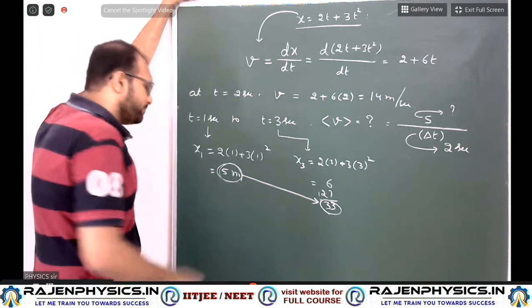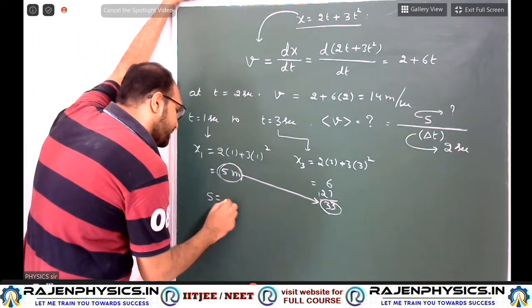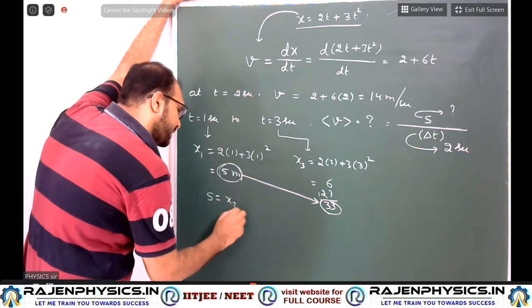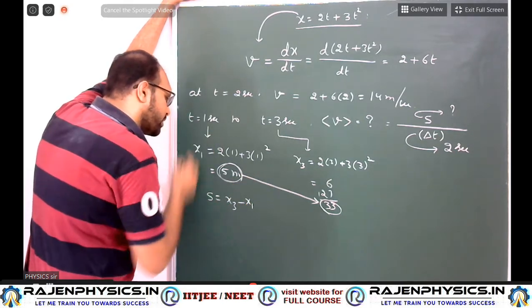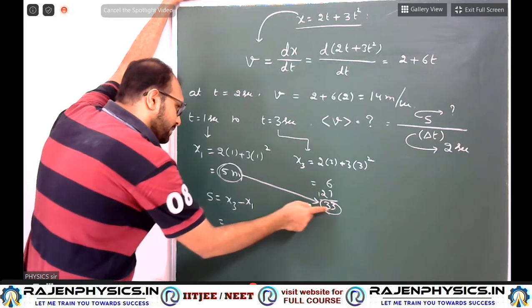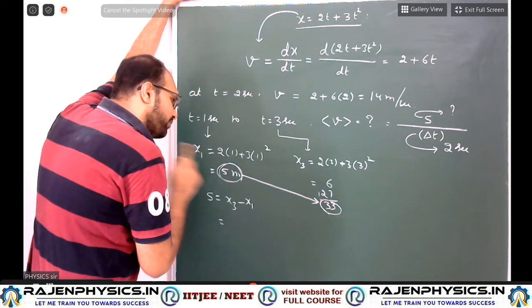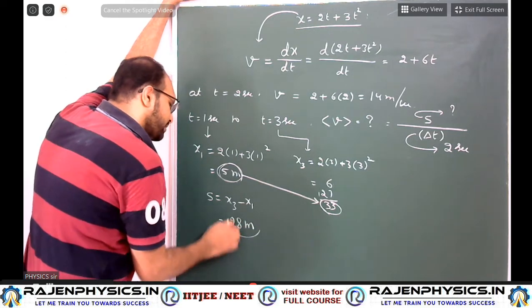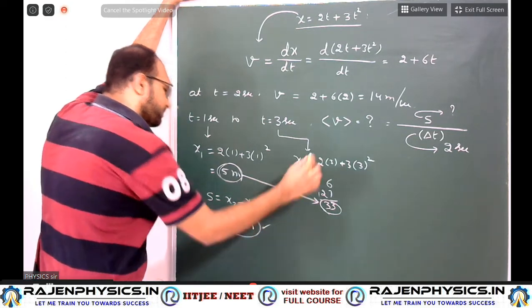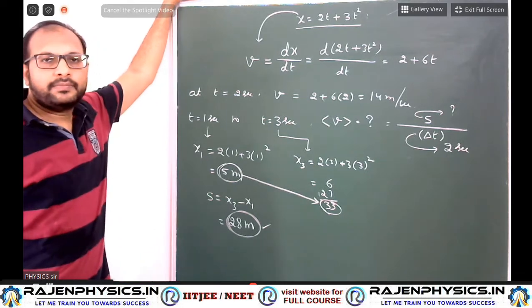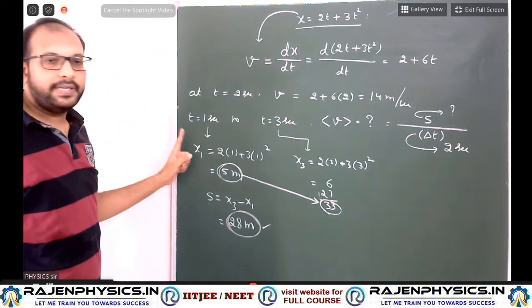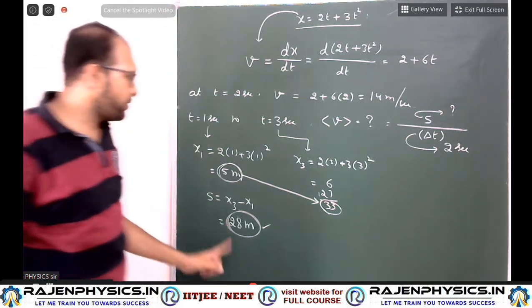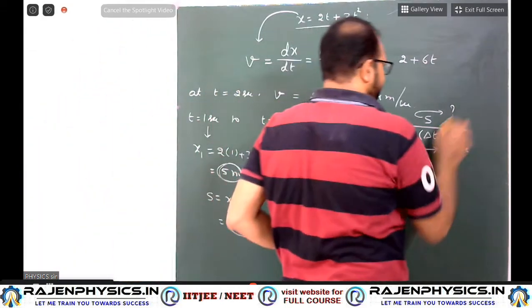So now displacement equals final position x3 minus initial position x1. 33 minus 5, that is 28 meters. So students, now displacement is 28. So I am writing here 28.